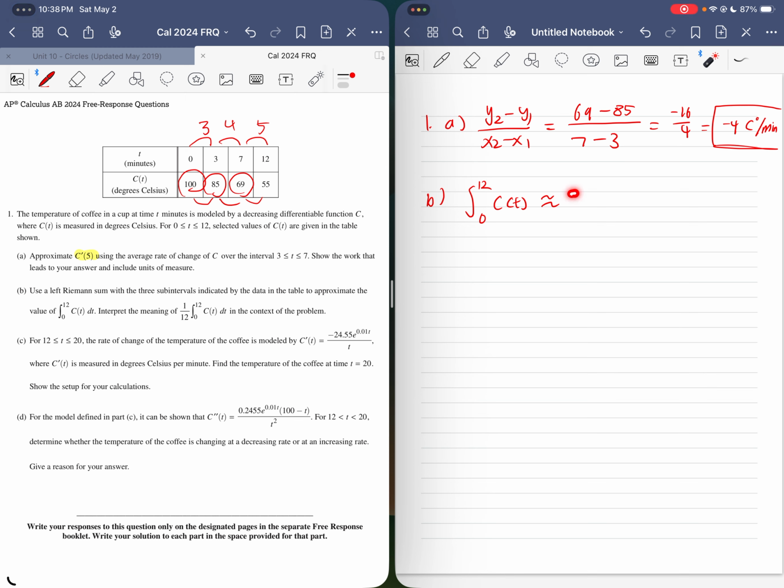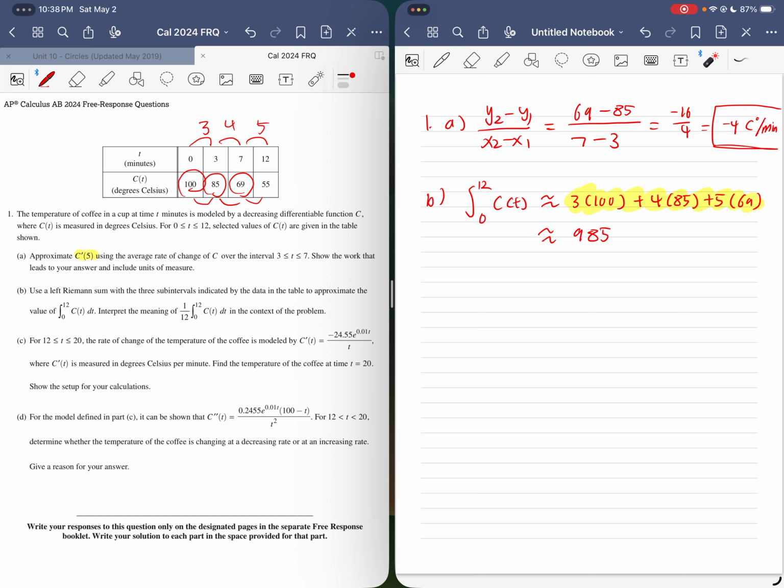So 3 times 100 plus 4 times 85 plus 5 times 69. If you put this into the calculator, it should be about 985.